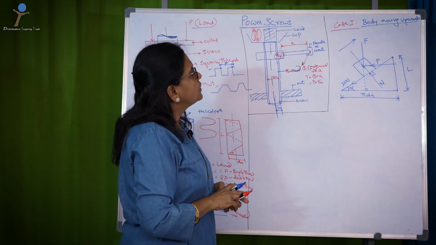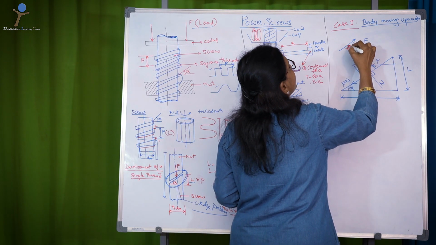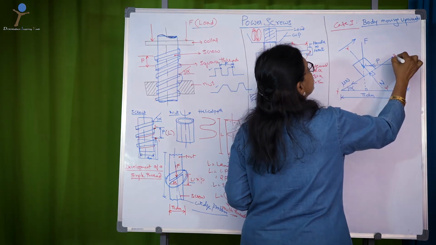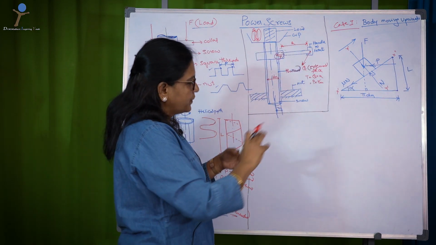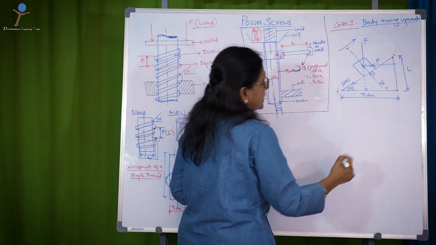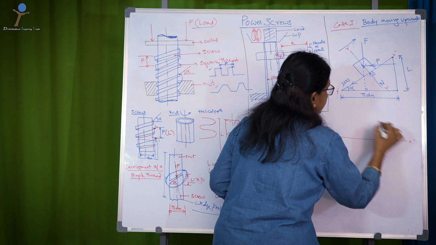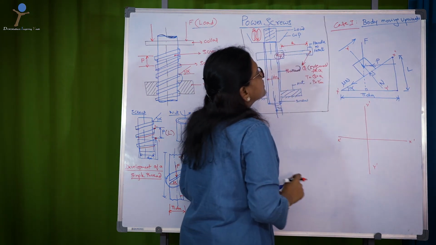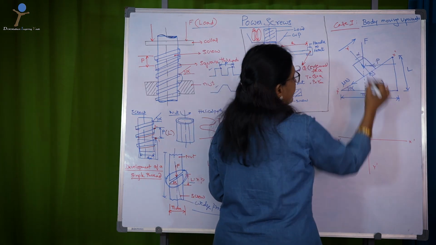So, now you have actually here two axes. I can say y dash and x dash. Now, if you just again put them in the axis in this way, x dash and y dash. This is the force F at an angle alpha.